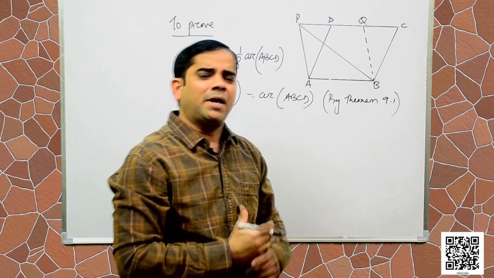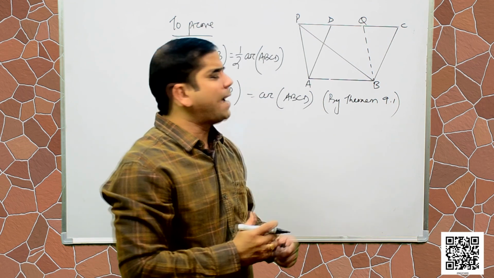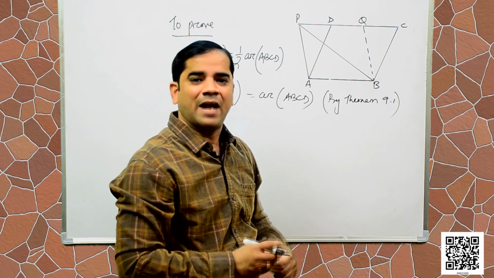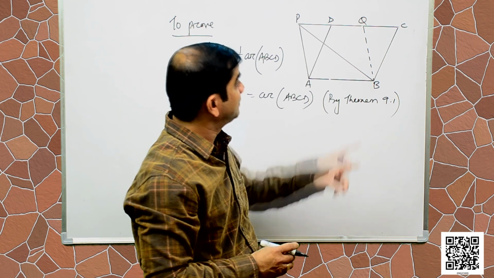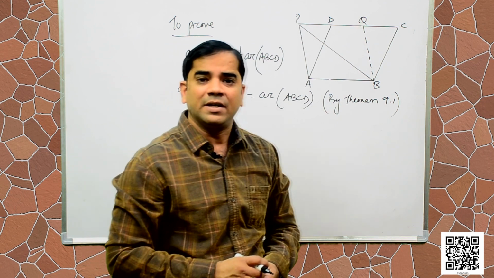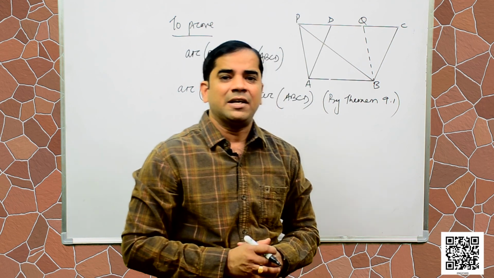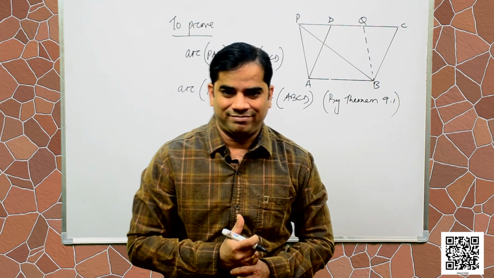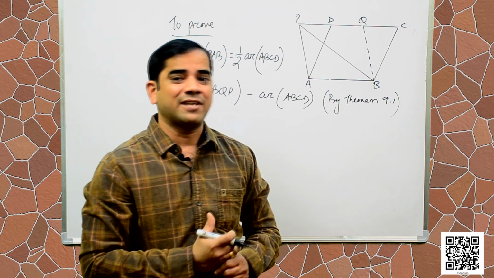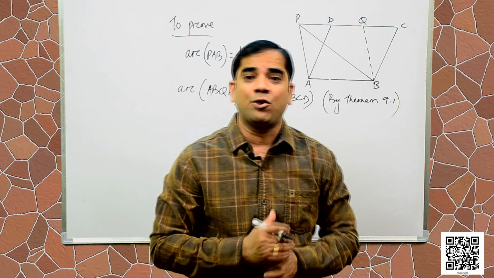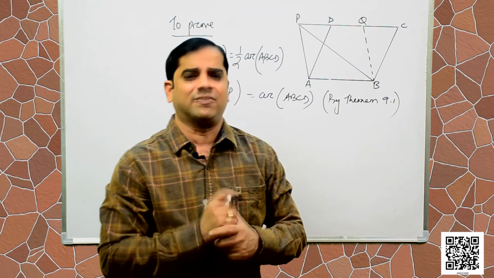But triangle PAB and triangle PBQ, these two triangles are congruent. Why? Because diagonal PB divides parallelogram ABQP into two congruent triangles.